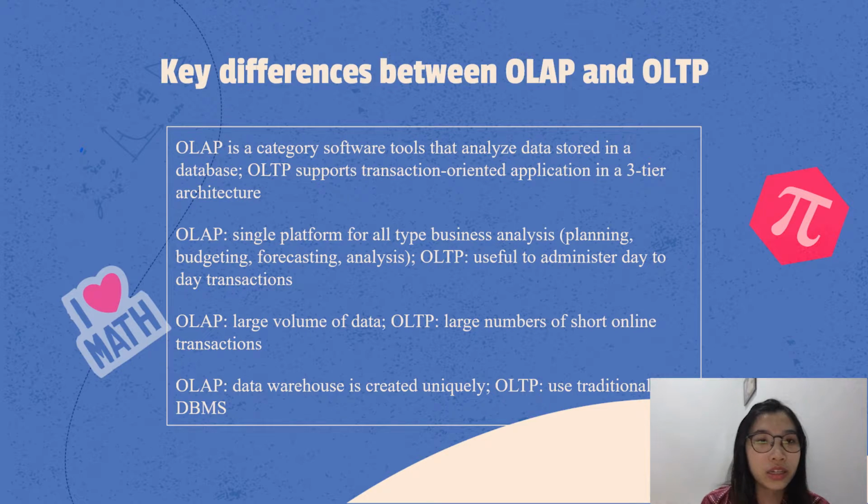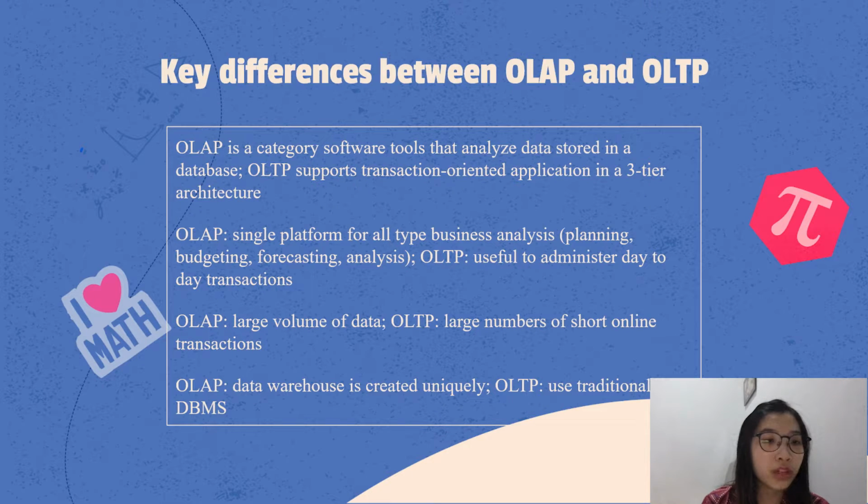The second key difference is that OLAP creates a single platform for all types of business analysis, which includes planning, budgeting, forecasting, and analysis. While OLTP is very useful to administer day-to-day transactions of an organization.